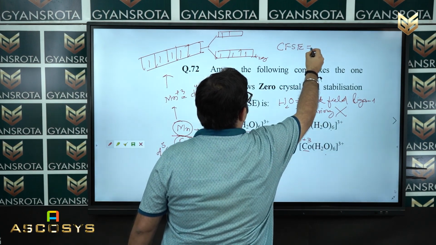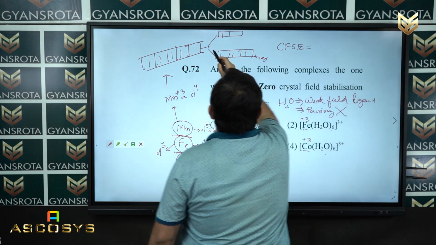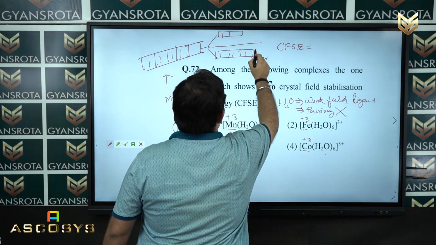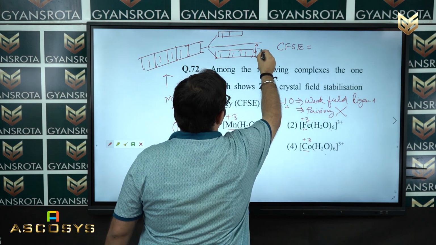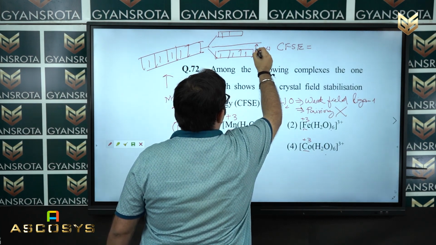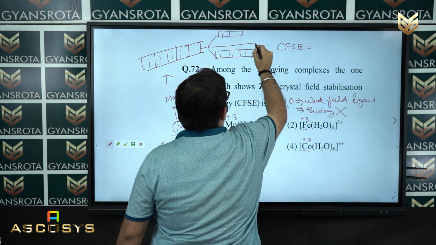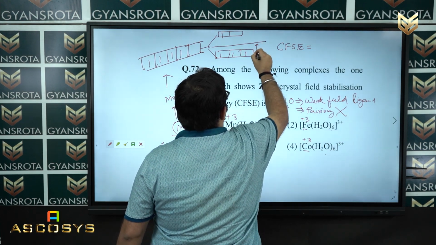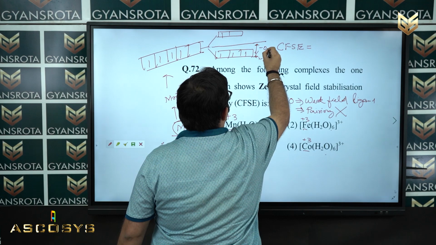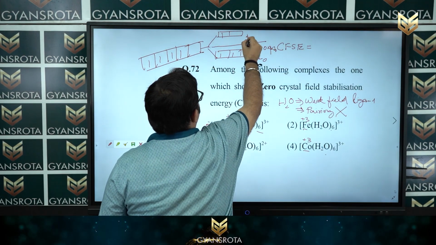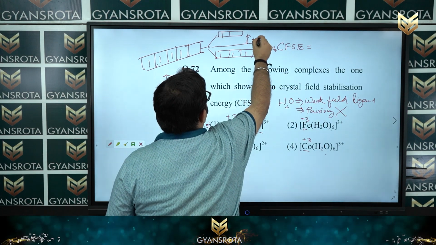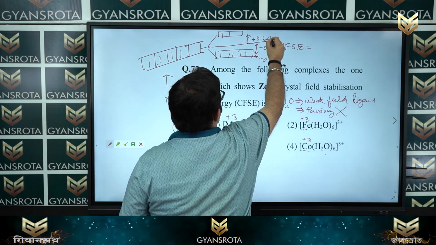CFSE is equal to, so this energy gap is nothing but, because it is lower in energy, minus 0.4 delta naught, and for this one is plus 0.6 delta naught.